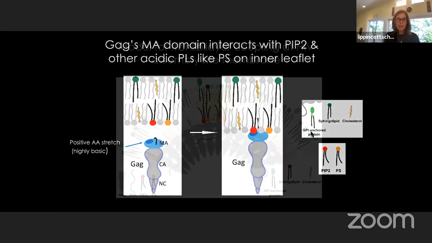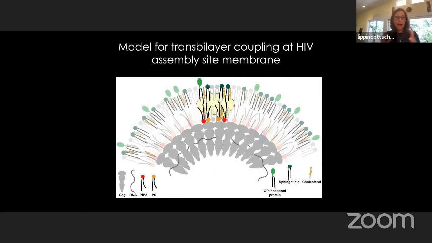And so the idea would be that this transbilayer coupling driven by GAG's interaction with PIP2 and PS would enable this whole membrane to start becoming much more ordered because you'd be drawing in sphingolipids and cholesterol.